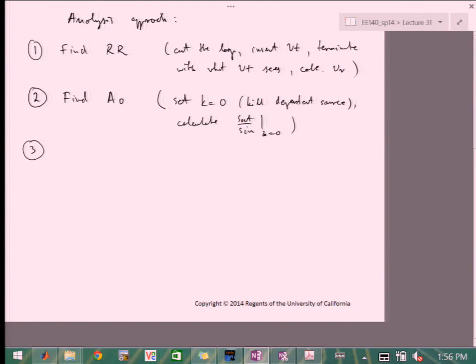Number 3, now we have a choice. These first two we do regardless, okay? Now under 3, we have a choice. Under A, we're going to find A equivalent. Under B, we can decide to instead find A infinity.